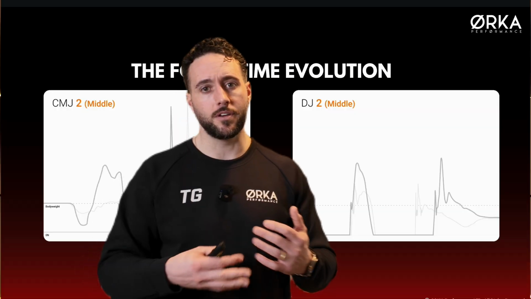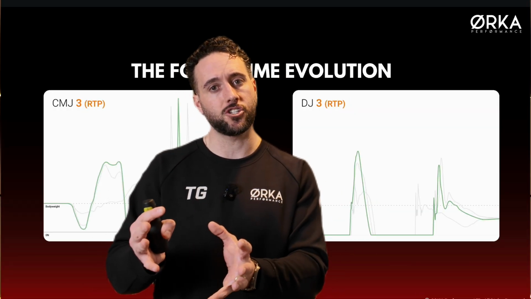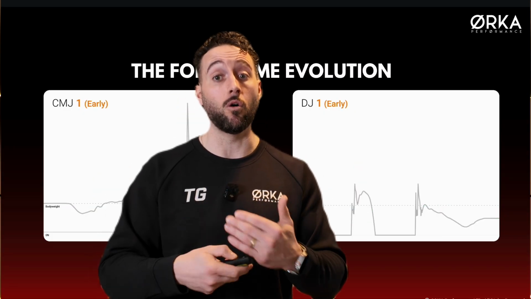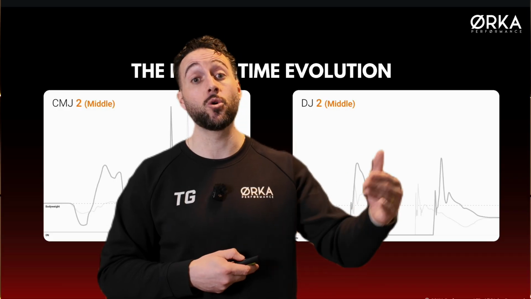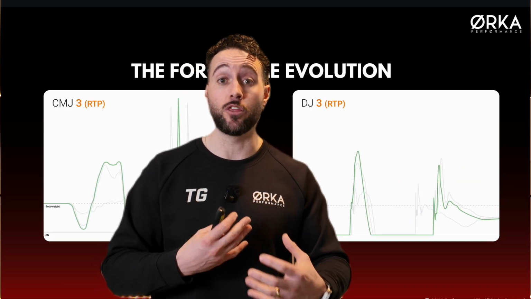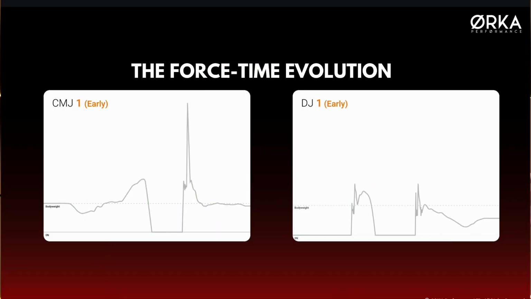And through all of this, being able to coach them through these qualities and these high intensity actions of sport, we're going to be able to see the force time curve evolve. And their efficiency for the task is also going to evolve. And what we're going to see is really an evolution in the performance of their high intensity actions.